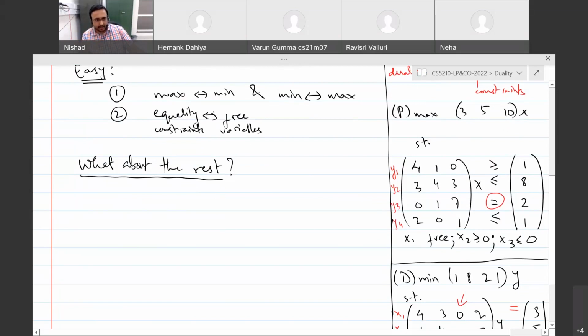Given any linear program, I want you to be able to write down its dual without having to go through the whole arithmetic every single time. All right, so what I want to tell you about is a simple memorization technique that I learned from a colleague of mine when I was in my PhD.